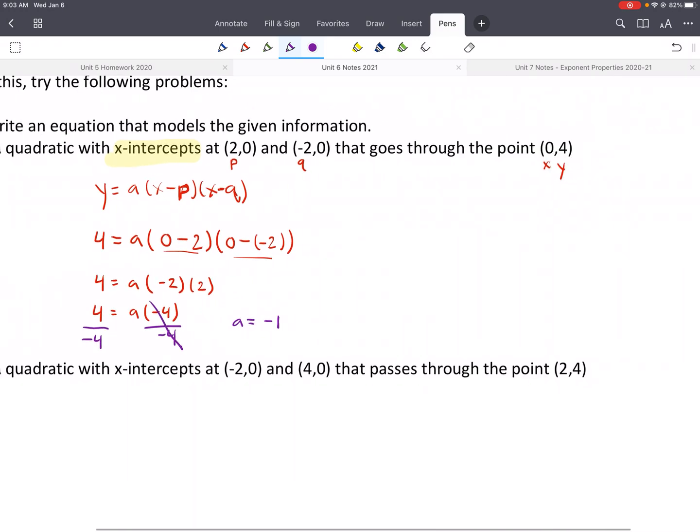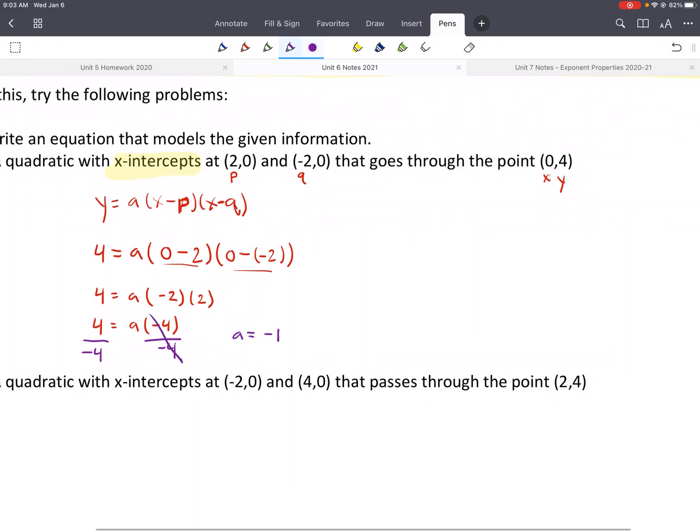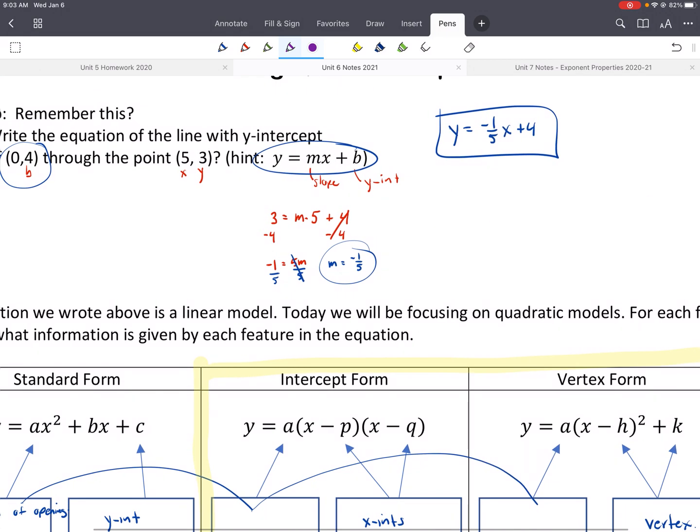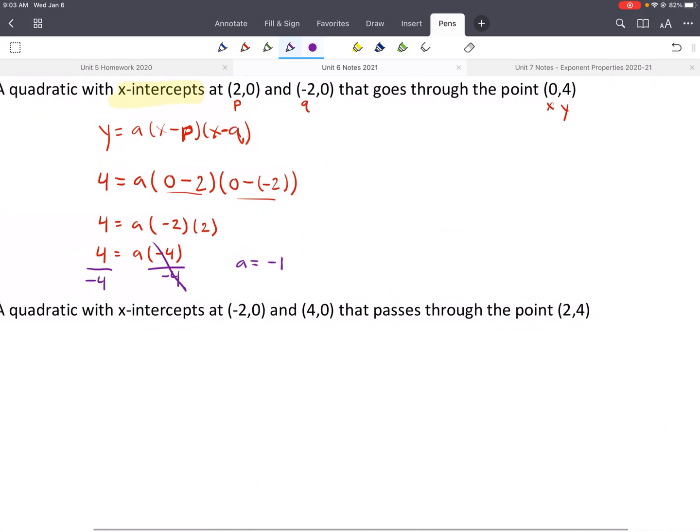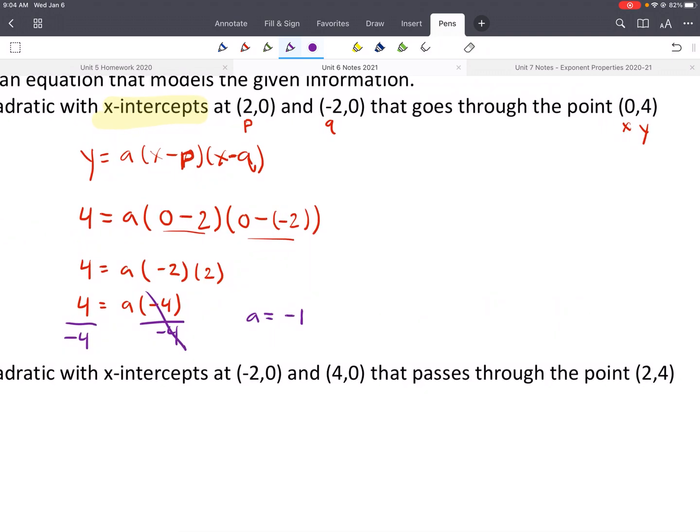So we're not done, we just calculated a, and kind of like where we found the slope, now what we need to do is plug it into our form, and then we're good. Okay, so now we have, again, I'm just going to do it over here, y equals a, well that's negative 1, so you could do negative 1 or you could just do negative, and we'd do our 2 parentheses.